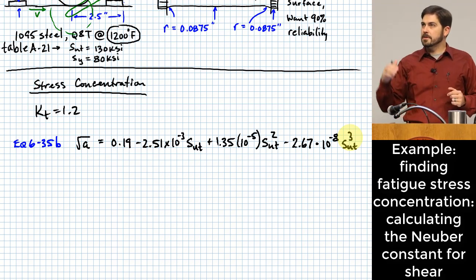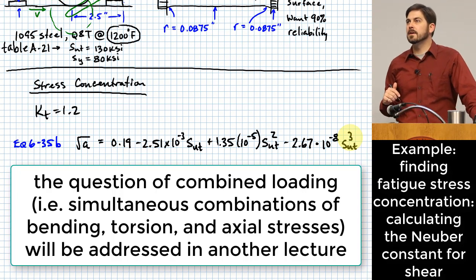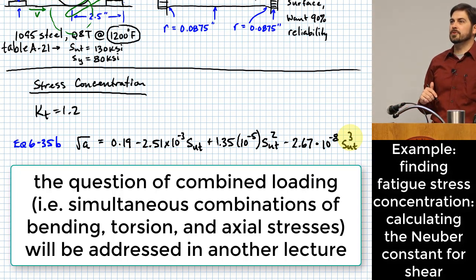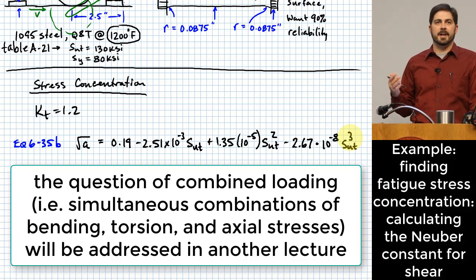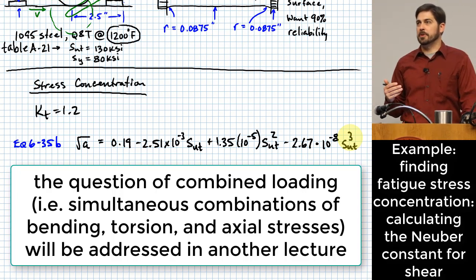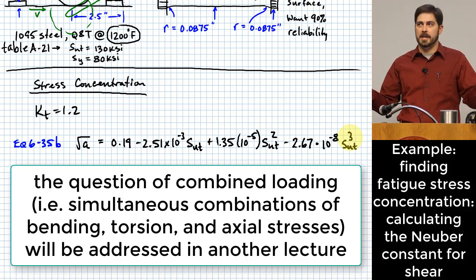A question: what if we have both bending, axial, and torsion at the same time? So the question is, what happens if you have combined loading? What if you have a part that has bending and torsion and axial, and maybe any combination of several forms of loading?